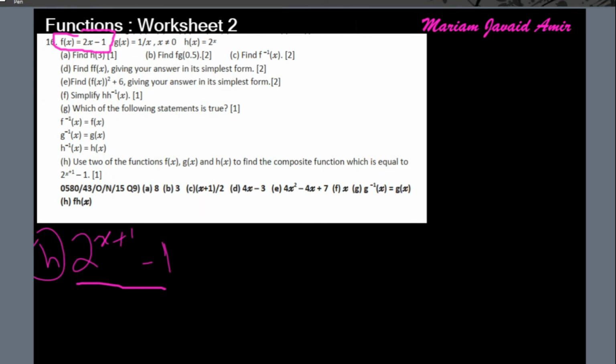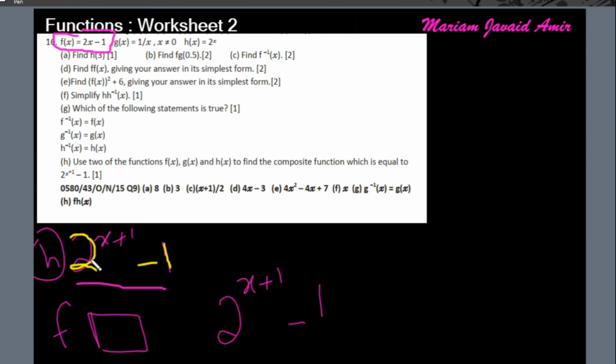We can tell that the base function would be f(x). We're trying to insert something in f(x) so that we get 2 to the power x plus 1 minus 1, because f(x) already has 2 and it has minus 1 as well.